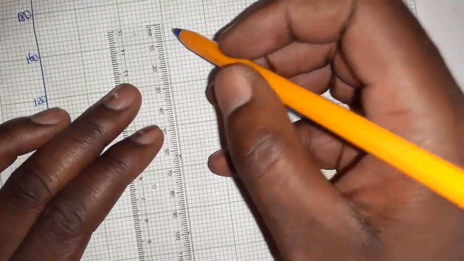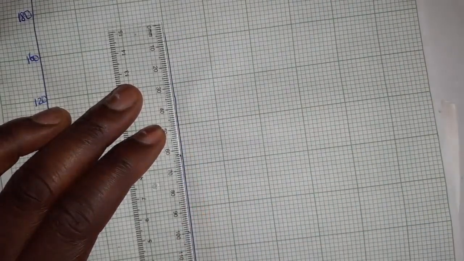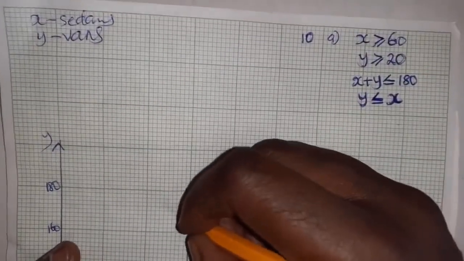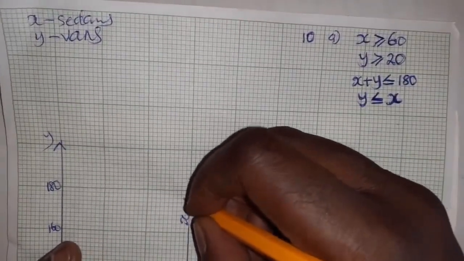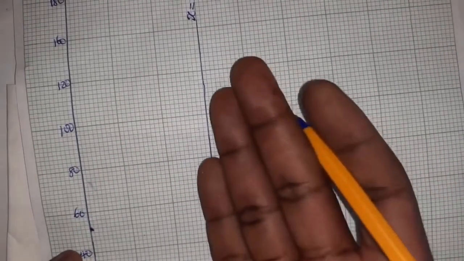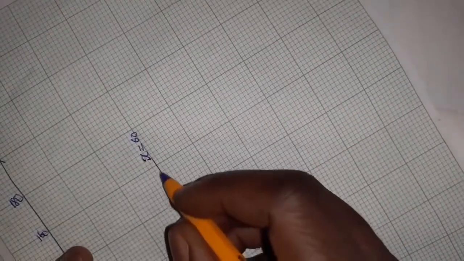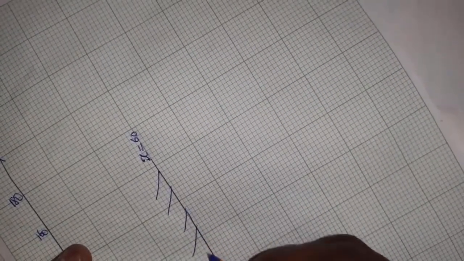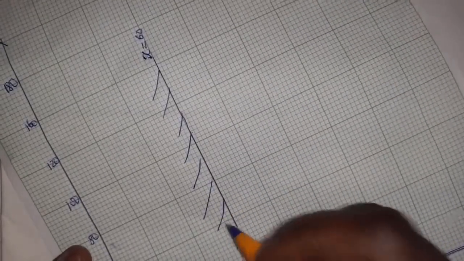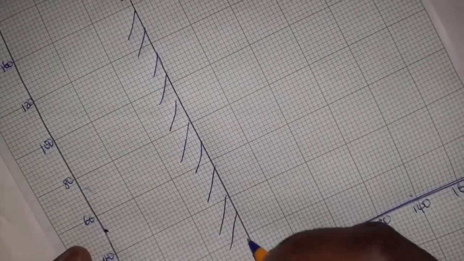On this line, in terms of an equation, it's x equals 60. Now we want to shade the unwanted region. We want the greater part here, isn't it? So we shade the unwanted region, which is this side, which is less. This region is unwanted here.